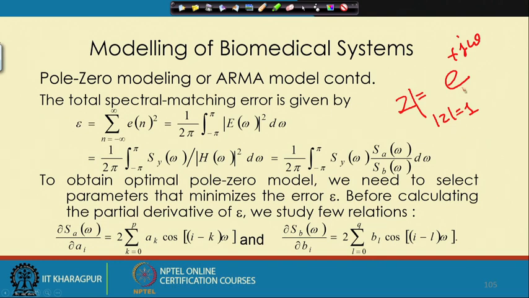This exponential can be represented in terms of cosine omega plus j sin omega. From there the cosine term comes into play here. And for S B also, if we take the partial derivative, we get the summation of terms with b_l and some cosine terms along with it. We can derive that, we just need some time to do it.